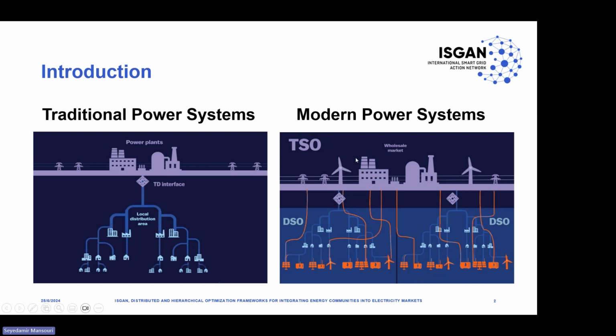And in modern power systems, we have a TSO and active DSO with active end users and many prosumers, distributed energy resources like PV panels, smaller scale wind turbines, or battery energy storage systems.